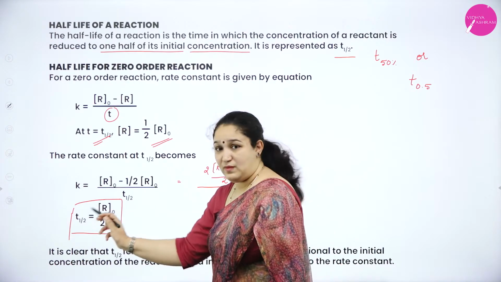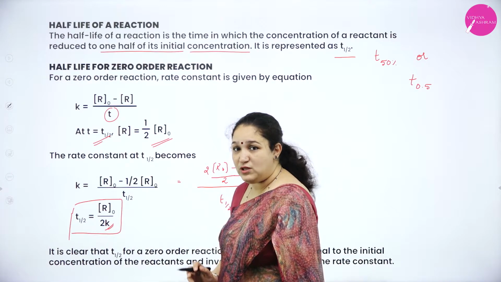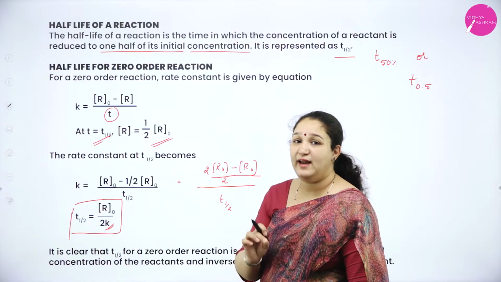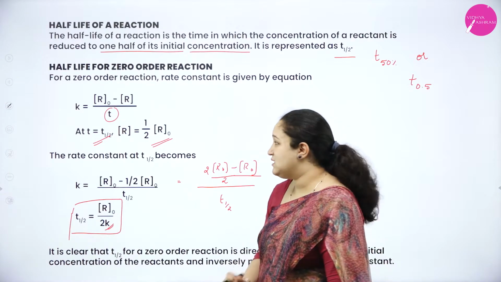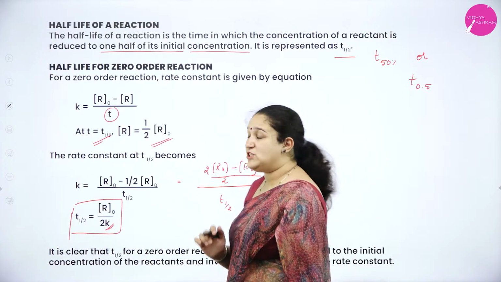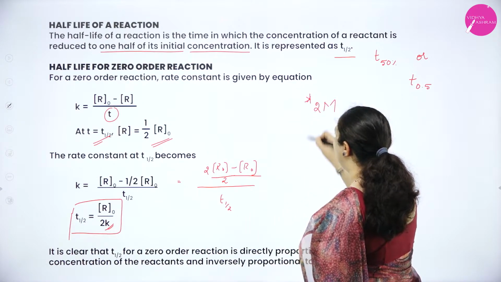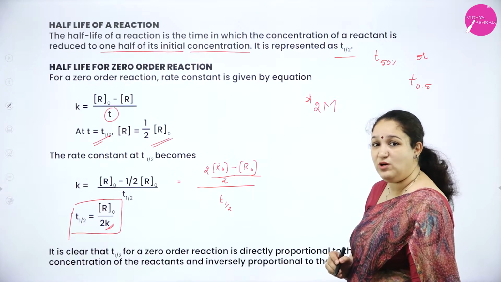So they are directly proportional, but inversely proportional to the rate constant. So this is the derivation which can be asked for 2 marks. It's very important.